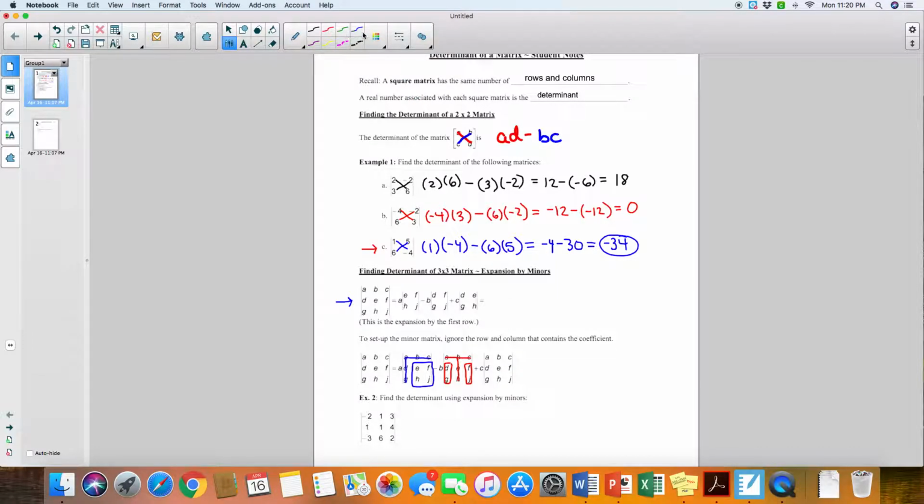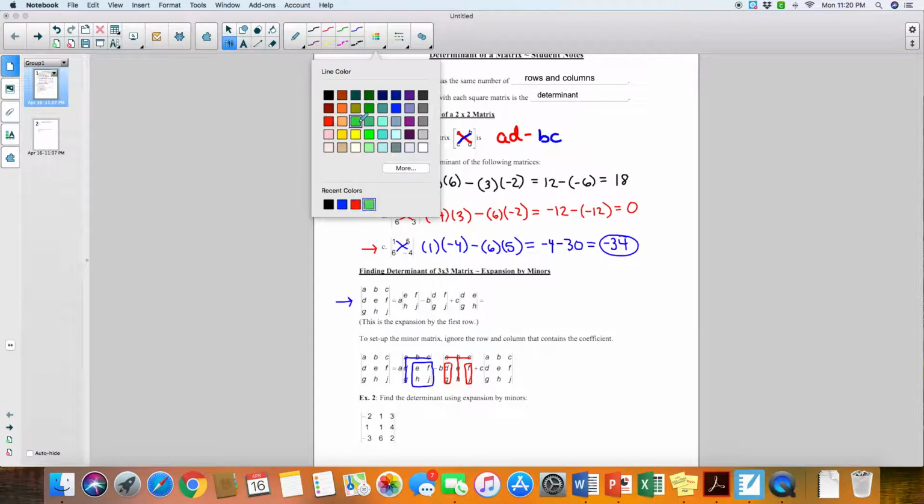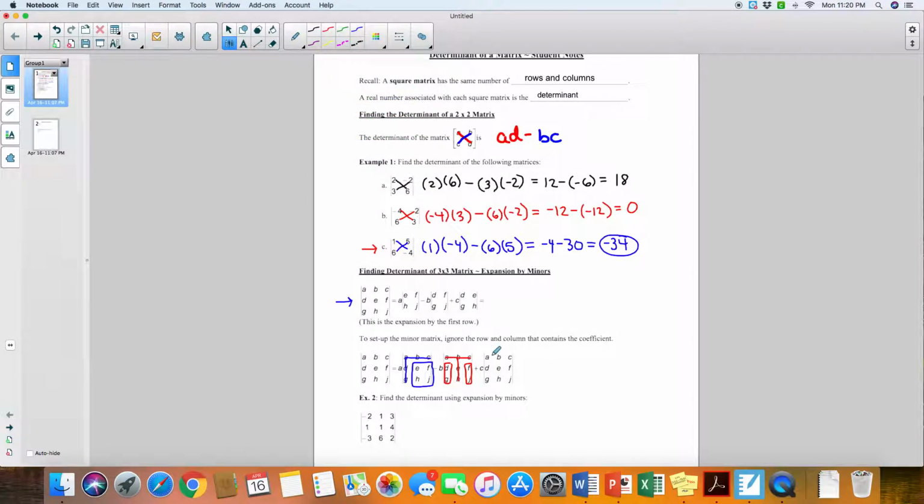And then the last one you would do would be C. Again, you would erase the row that C is on as well as the column. And then that will be the determinant that you will multiply right there. You will find the determinant of that 2 by 2 matrix there.